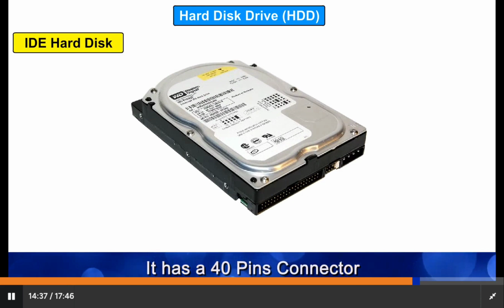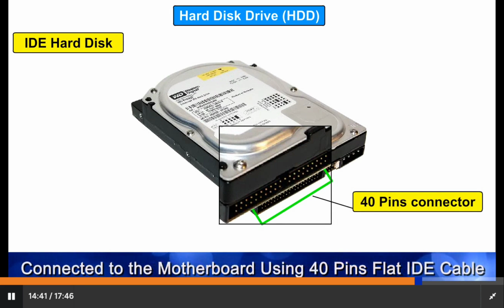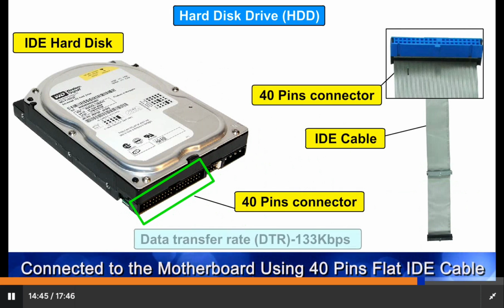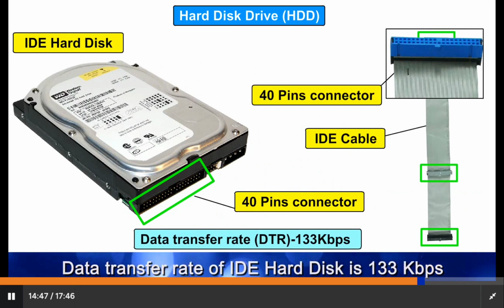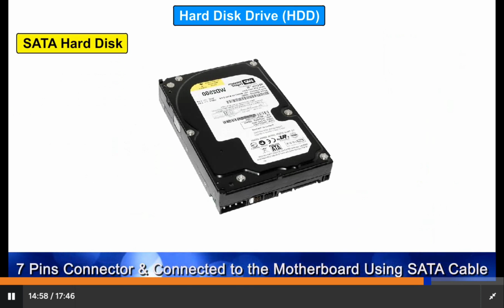IDE Hard Disk. It has a 40 pins connector and is connected to the motherboard using a 40 pins flat IDE cable. Data transfer rate of IDE hard disk is 133 kbps. SATA hard disk.